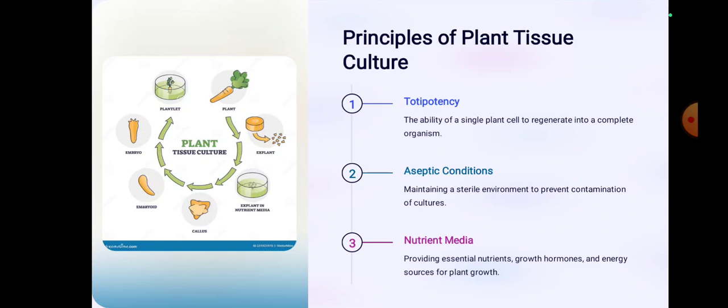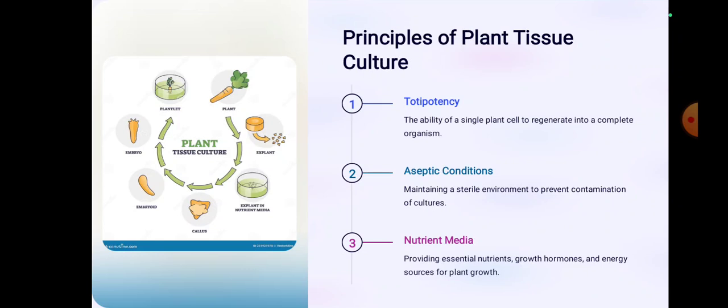Now, the principles of plant tissue culture include totipotency, aseptic condition, and nutrient media. Totipotency is the ability of a single plant cell to regenerate into a complete organism.